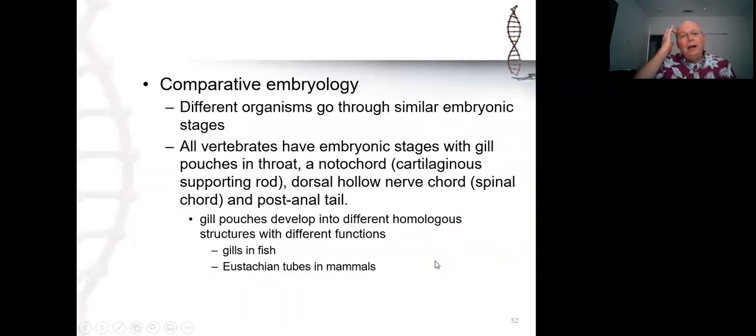Then another piece of evidence that Darwin may have resorted to, because this discipline was in the process of developing, and the individual who was most noted for developing this was a contemporary of Darwin's, a German biologist by the name of Ernst Haeckel. Unfortunately, Haeckel has been misunderstood and his diagrams have been misinterpreted.